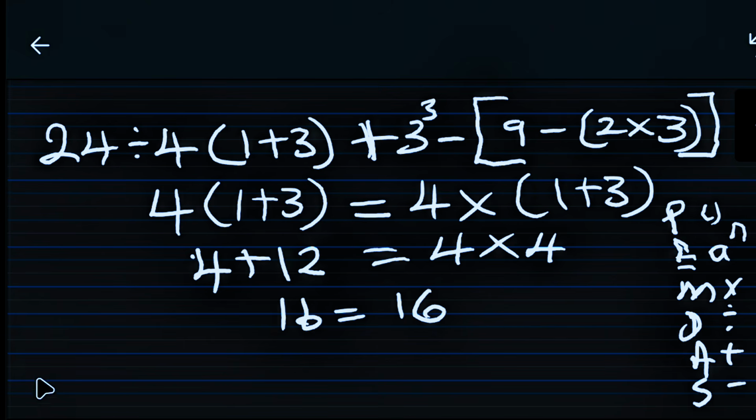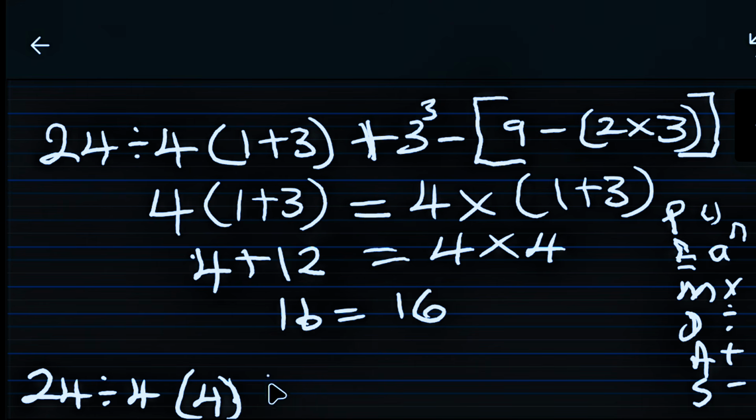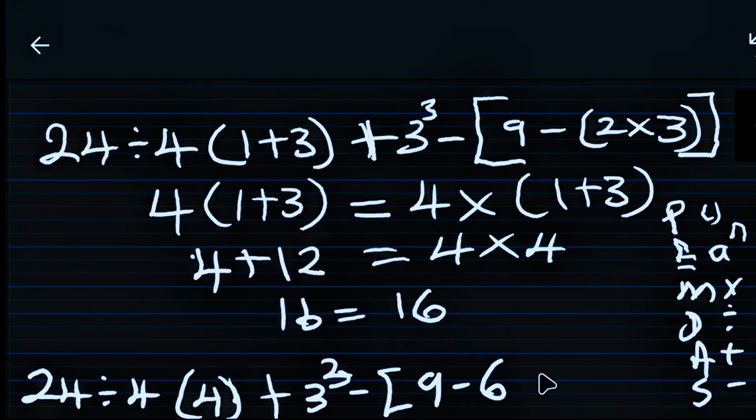So we are going to have 24 divided by 4, then 1 plus 3 here equals 4, okay? Then plus 3 cubed, minus, this is cubed please, open square bracket, 9 minus 2 multiplied by 3 equals 6. I will close the square bracket, okay?